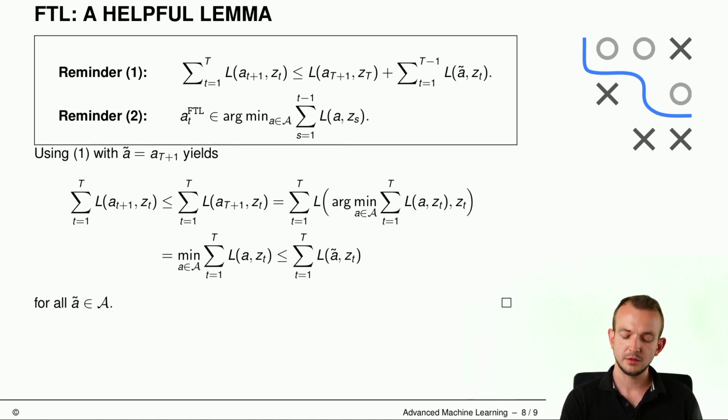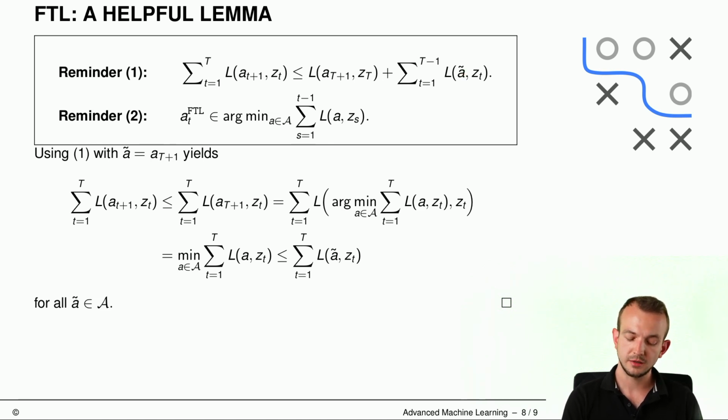And well, now what we can do is we can use here in this inequality we got from the induction assumption, we can here use any A tilde we want. So remember this inequality here holds for any A tilde, for any competing action A tilde.